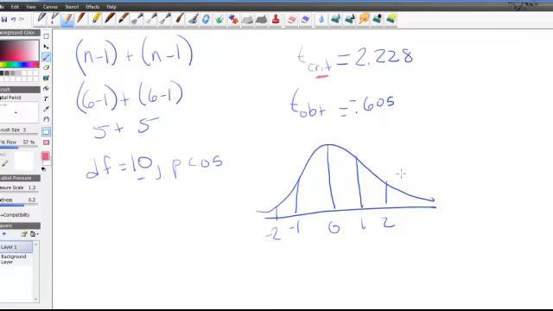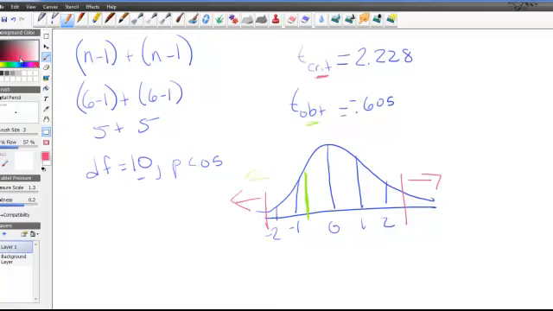So it would need to be roughly here or over. Our, let me get a different color here. Our t obtained, negative 0.605, is going to be roughly right here. Right, so that's where our t value is. In this case, we are not within the rejection region, right?